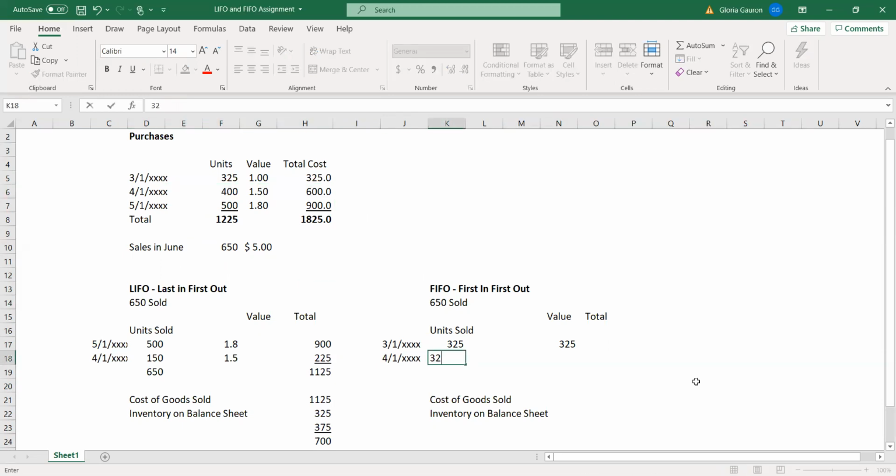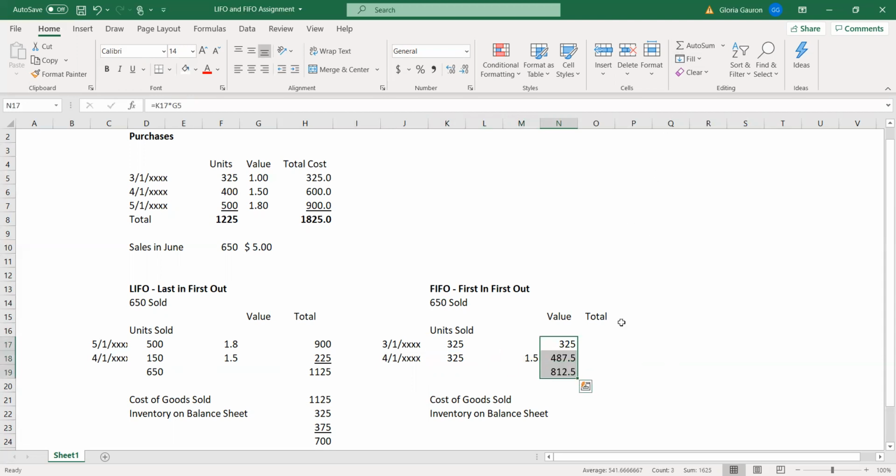So I'm going to take 325 from that April batch. The value of that is $1.50. And then I'm going to take my 325, multiply that by $1.50, and I'm going to come to a value of $812.50. That's my cost of goods sold.